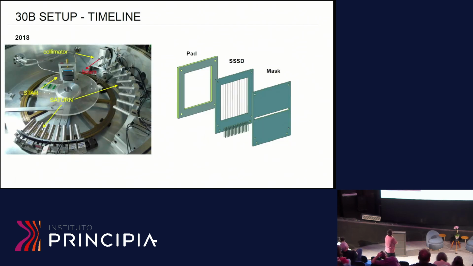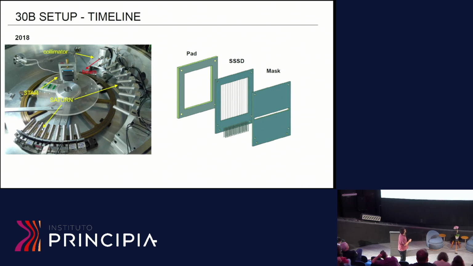So that was the very start. And then we decided to buy a large area detector and improve our setup a little bit. We only had financial support for buying one of these SSDs. This is a very thin detector manufactured by Micron Semiconductors. Its thickness is about 20 micrometers, and we have 16 strips in this direction.